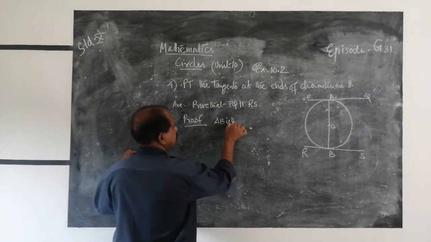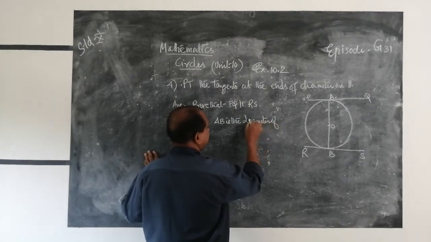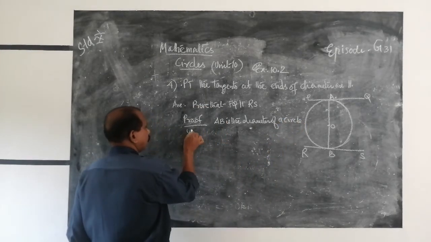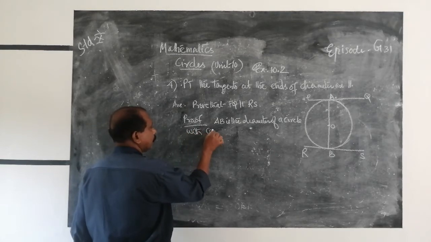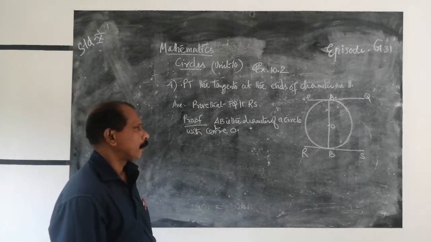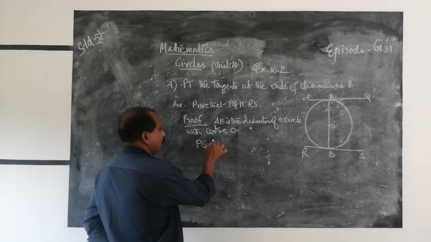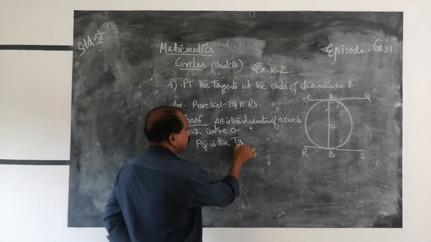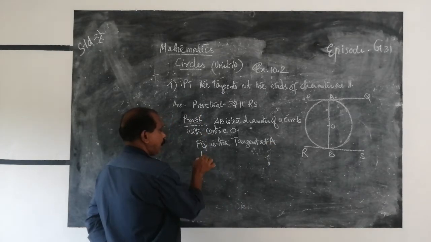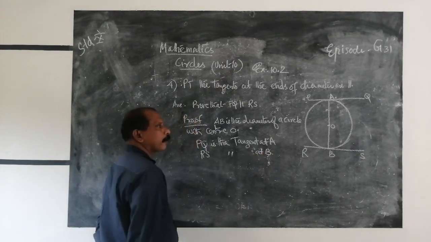AB is the diameter of a circle with center O. PQ is the tangent at A. RS is the tangent at B.